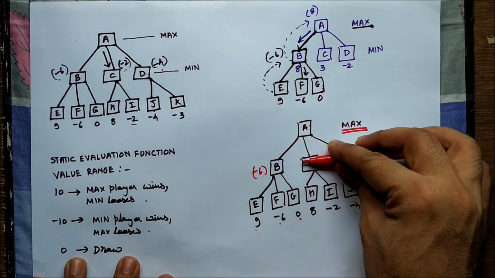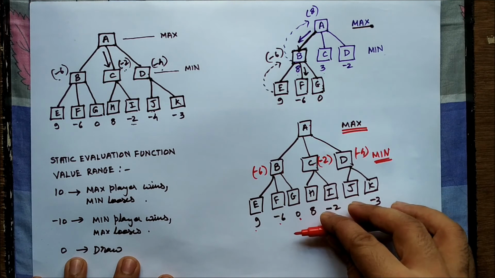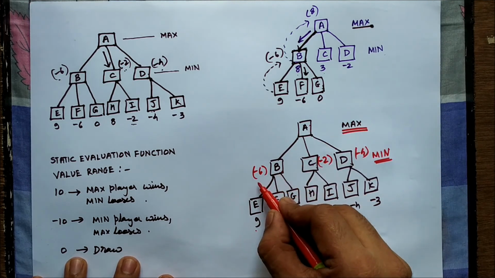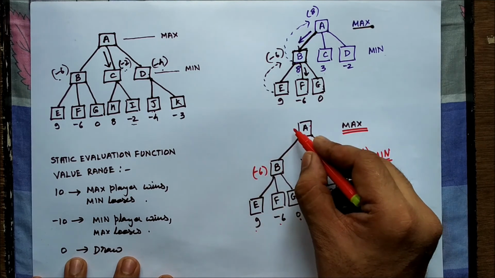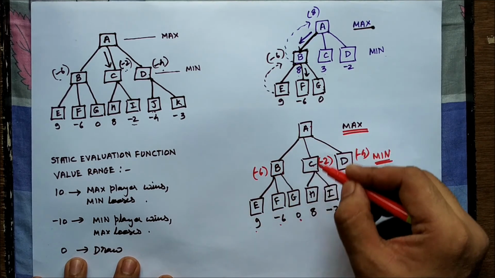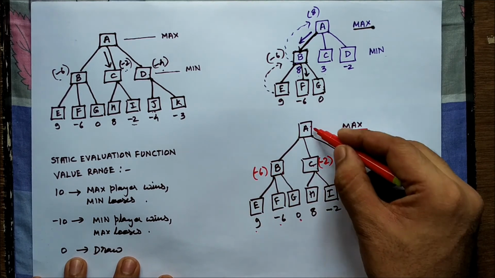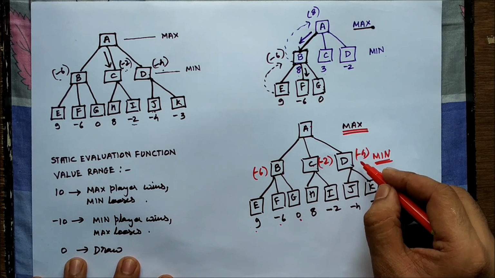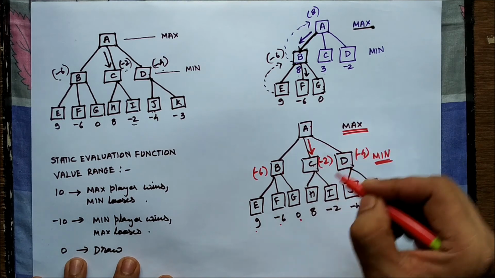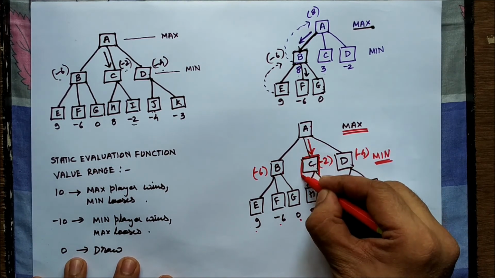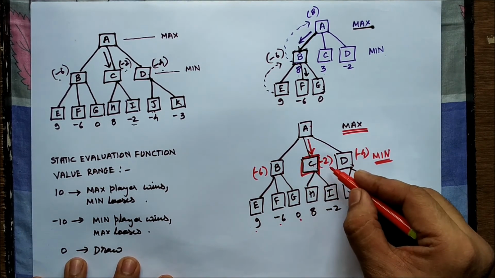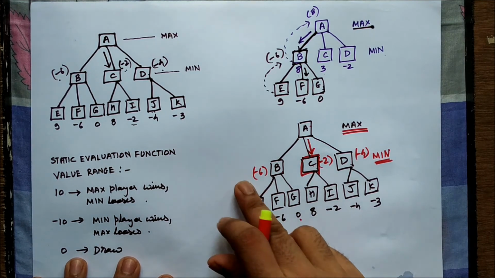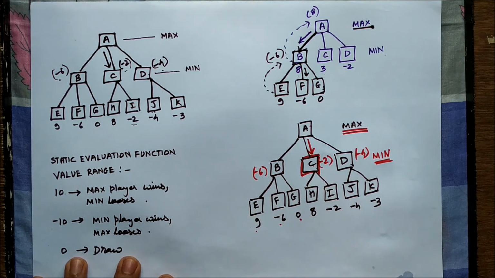So after looking one step in advance, the max player realizes that if I choose B, the value backed up to me is minus 6. If I choose C, the value is minus 2. If I choose D, the value backed up is minus 4. So it is better that I go for node C, because although all three values are negative, minus 2 is higher compared to minus 6 and minus 4.